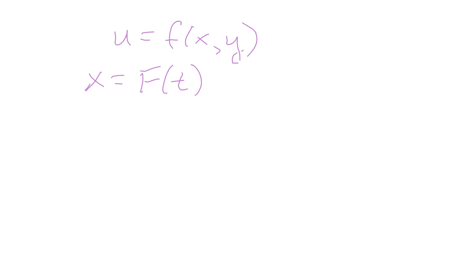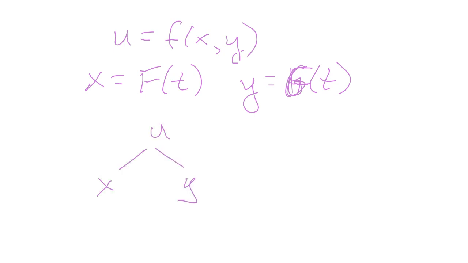I do want to mention one more thing. If we have u as a function of x and y, and then x and y are only some function of one variable, t, okay, so this is different. We were using g here for the g of t. We have to be a little bit careful here, because when we do our tree, we still have x and y here, but we only have one branch coming down from the x and y, because those are only defined in terms of one variable.